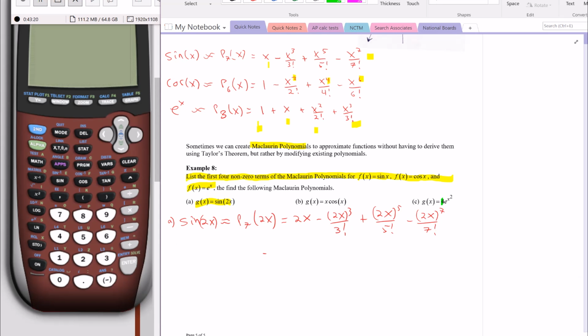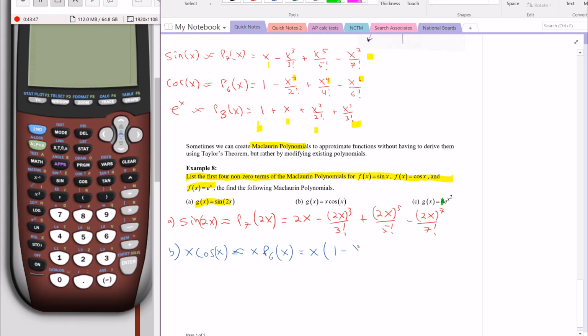So for B, we want to approximate x cosine x, which, notice, we're multiplying our thing by x. So this is going to be approximated by x times the 6th degree polynomial for cosine, which is just x times the thing that we had.